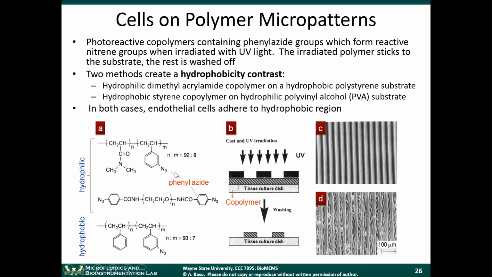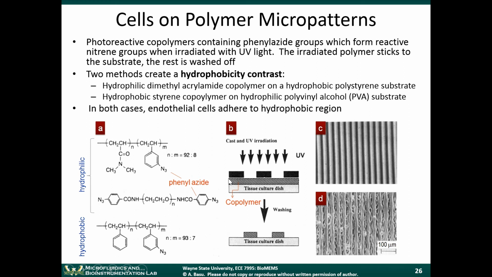The phenyl is the ring, and the fact that you have the nitrogen there makes it an azide group. They form reactive nitrogen groups when irradiated with ultraviolet light, and this makes the polymer stick to the substrate. So when you cast the polymer, the areas that you expose with ultraviolet light will stick to the substrate.